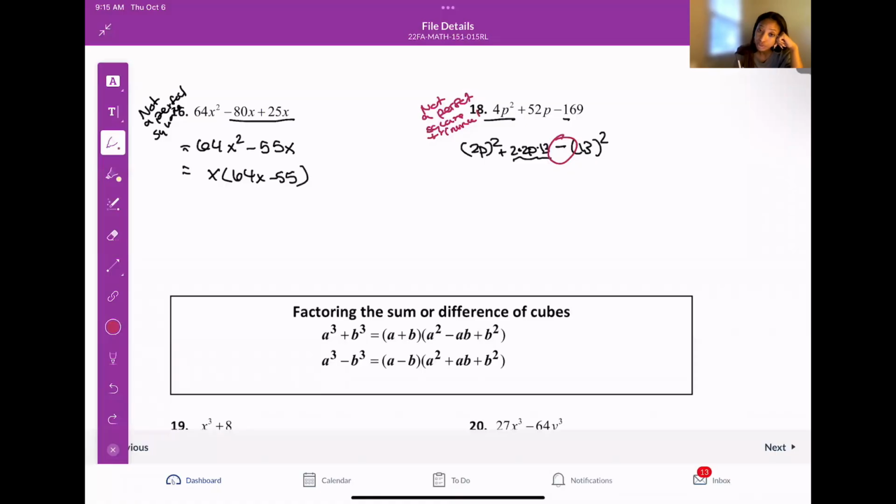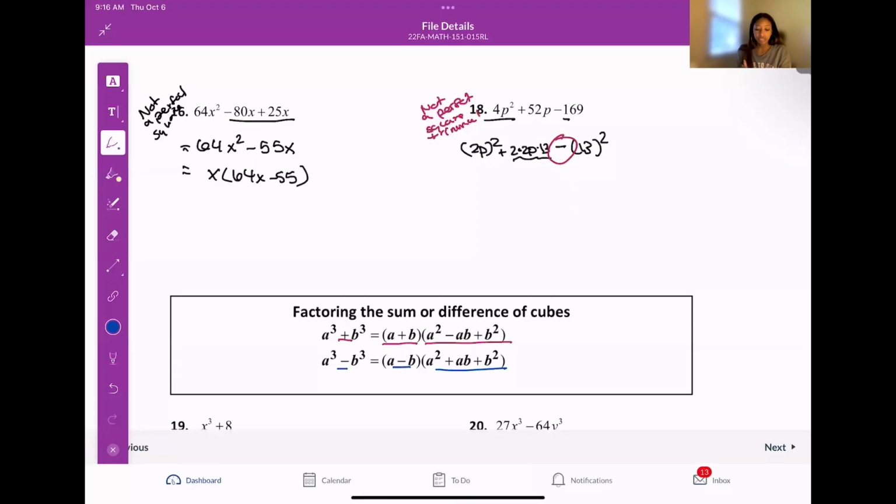If we have the sum of two cubes, a cubed plus b cubed, identify your a and b, and then it factors to a plus b times a squared minus ab plus b squared. Notice that if we have a cubed minus b cubed, that's a minus b times a squared plus ab plus b squared.